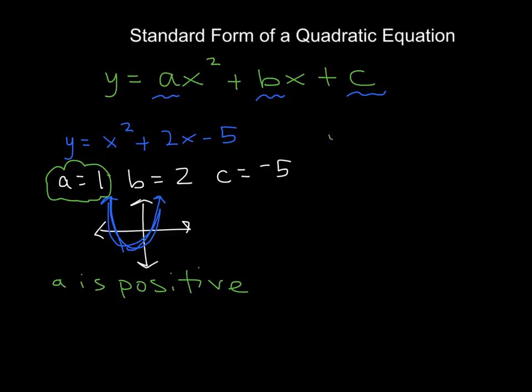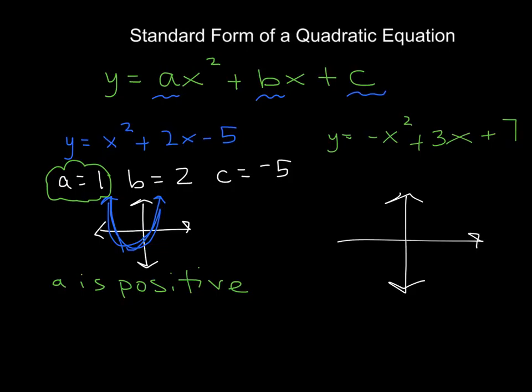So let me give you an example of that one. If we had y equals negative x squared plus 3x plus 7, and I asked you to graph that, we looked at this one in our graphing calculator as well, and it looked similar to this. When I identified my a, I noticed this time it's negative 1.